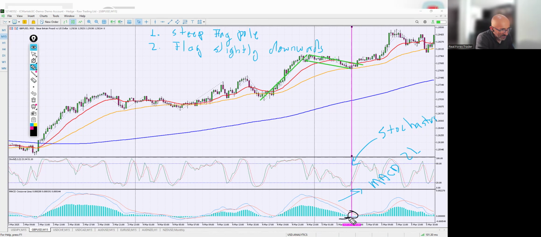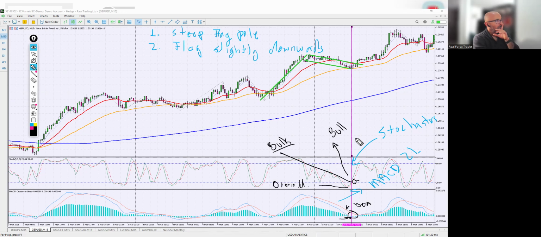My MACD red line indicates bear, and my stochastics reached the oversold area along the formation of the flagpole. But in this very moment, it's showing me that somehow bulls are taking control, because the green line is above the red dotted line and the line of my stochastics is pointing upwards. It's going bull. So that is a good indication.